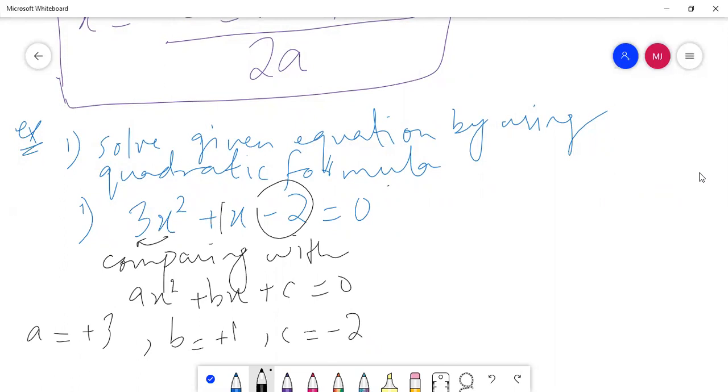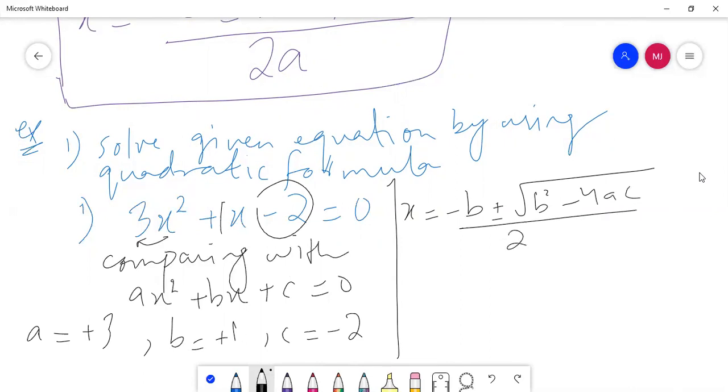So now just apply the quadratic formula. x is equal to minus b plus minus square root b square minus 4ac upon 2a, and start putting values.